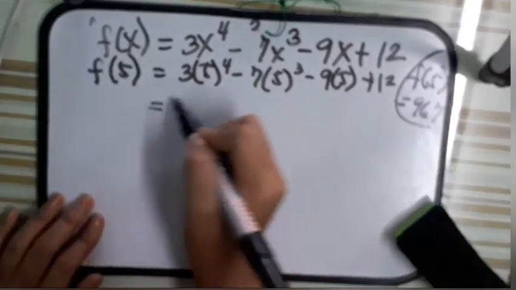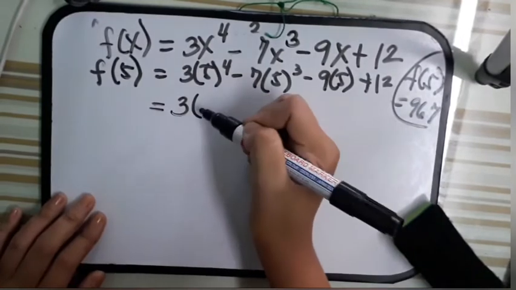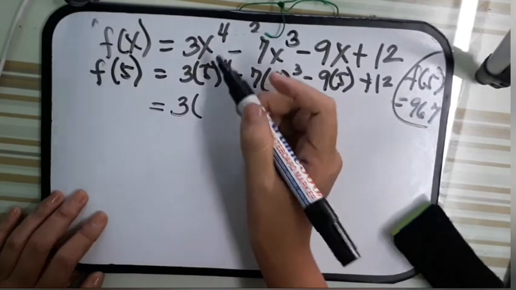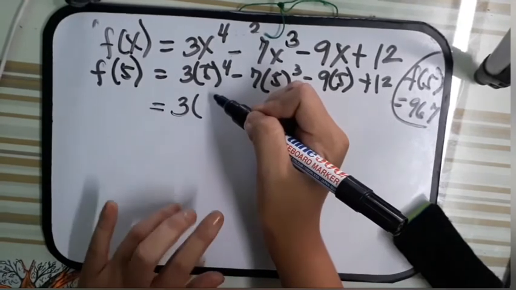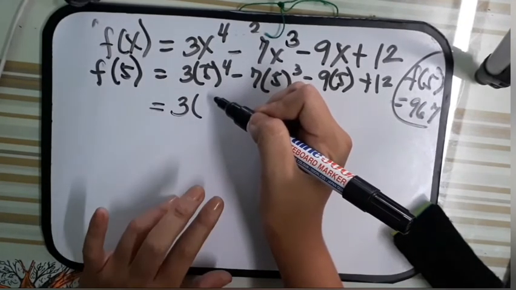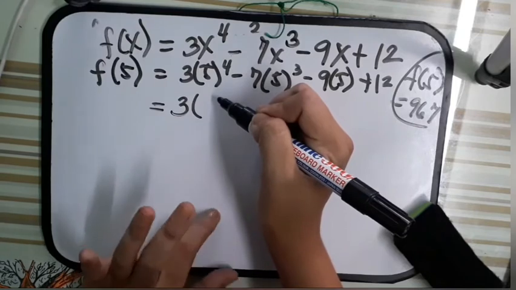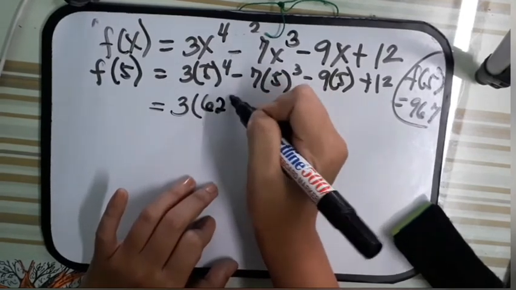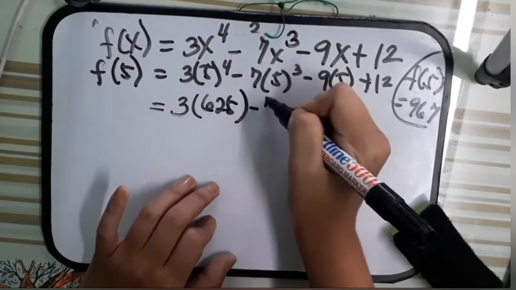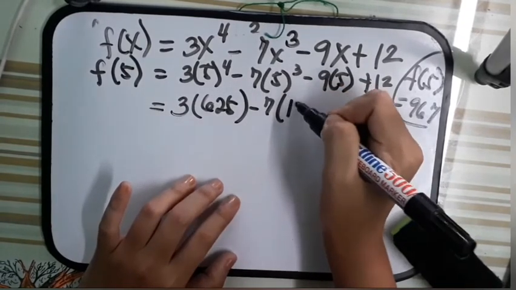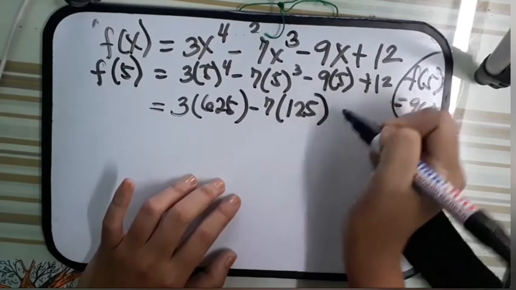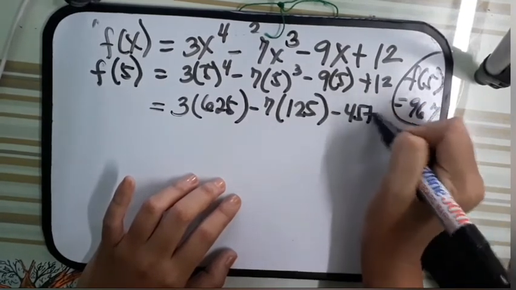Next, 5 raised to 4 is equal to 5 times 5, 25, 25 times 5, 125, 125 times 5 is equal to 625. Then minus 7 times 125, minus 45 plus 12.